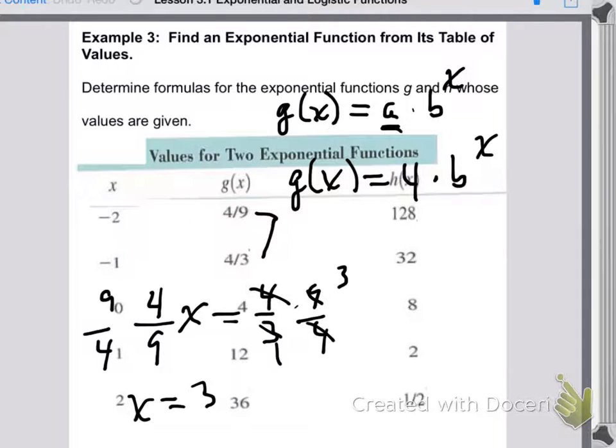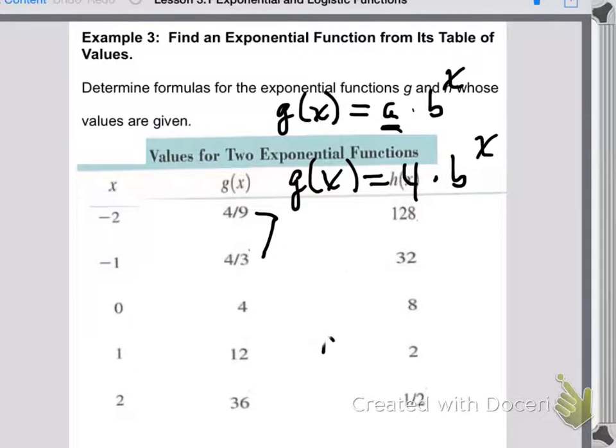Okay, now this factor is going to be constant for this whole exponential function here. So my b is going to be 3. So I'm going to rewrite.